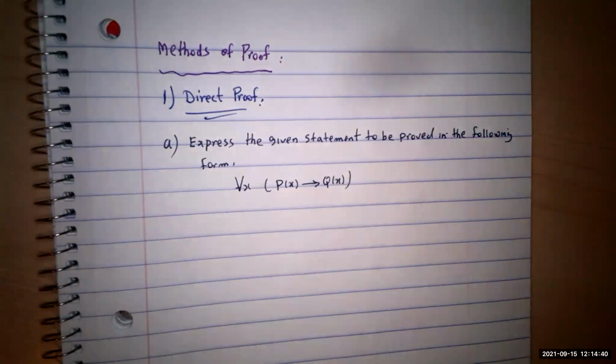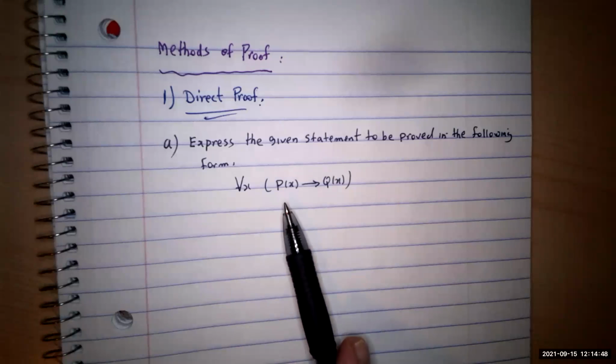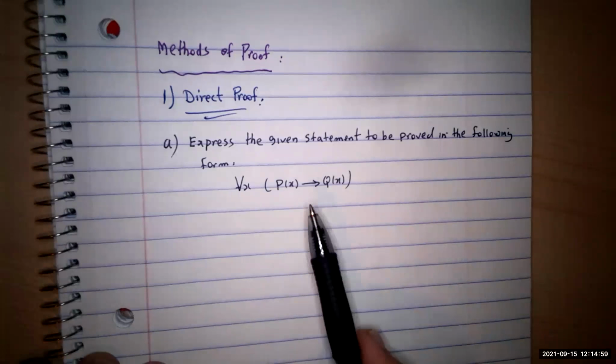This always happens. When you have something, you have to use it and get the second one. So what you do, you pick an x with the property that p(x) is true. Then use some definitions and theorems, put them together to get to q(x). You're not going to go somewhere else in this part. You have to rely on the given information only.